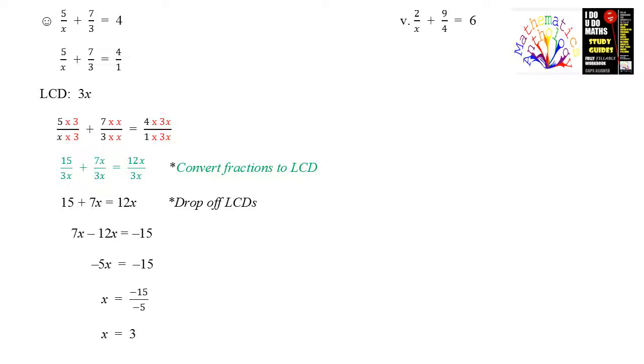The first fraction, 5 over x, I can see as a fraction. The second one, 7 over 3, is a fraction. But the third one, 4, I need to put it over 1 to make it a fraction as well, so that I can clearly see all my denominators. My denominators are x, 3, and 1.